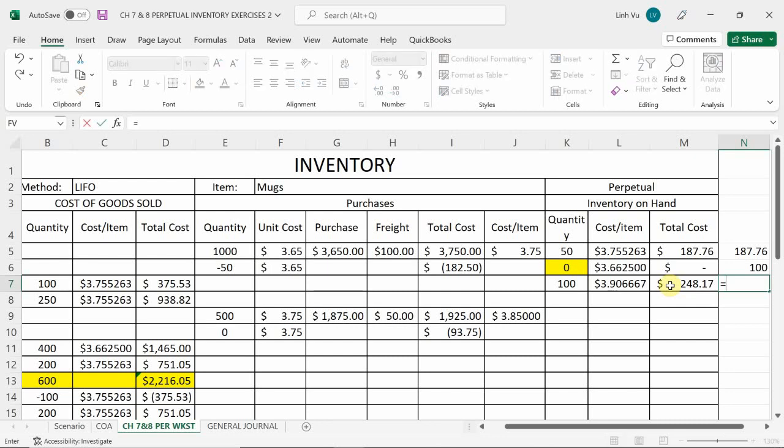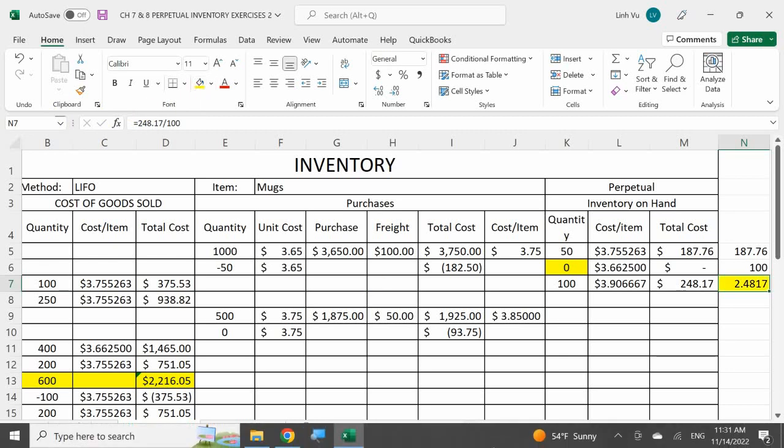So you need to do 248.17 divided by your 100 units. This is your new cost per item, which you need to make sure you carry on to the new batch of inventory.